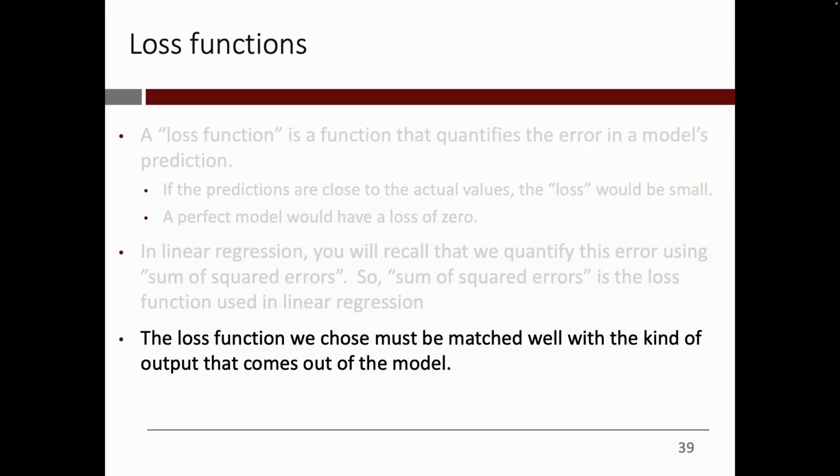If your output is a number like 23, say you're predicting product demand for next week, and the predicted value is 23 and the actual value is 21, it's okay to take 23 minus 21, which is 2, as the discrepancy. But for other kinds of outputs, it's not so obvious what the correct measure of discrepancy is.